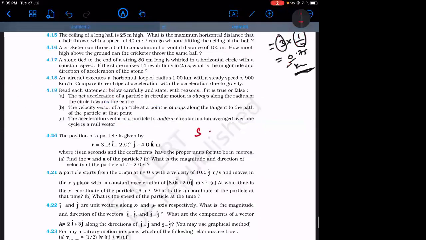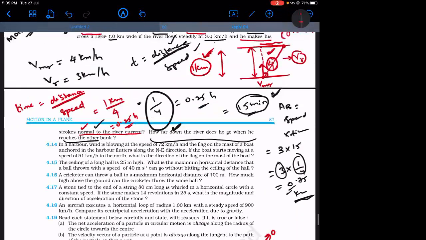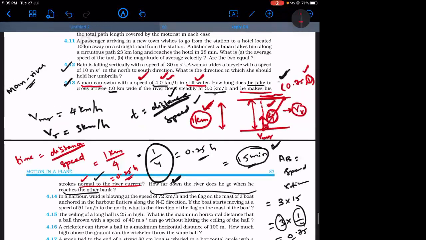For example, S is equal to ut plus half at square. I'll apply it along the y direction, maybe this will make more sense for you. The person is moving along the y direction with 0 acceleration. Wherever the word speed is given, there is no acceleration. That is an important thing.